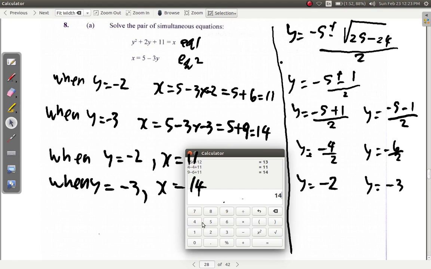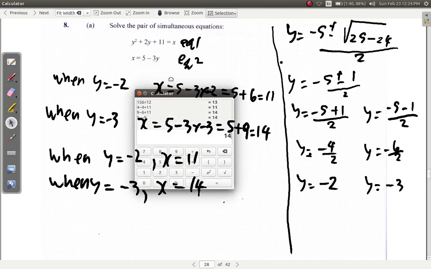And then of course equation 2, x would be 5 minus 3 times negative 3, it would be 5 minus negative 9, which is 14.